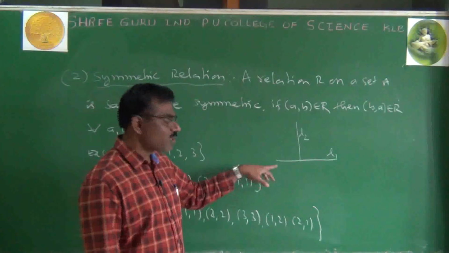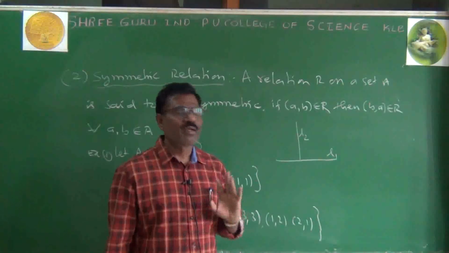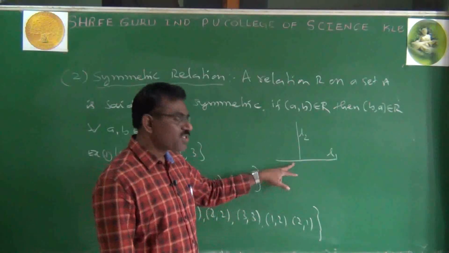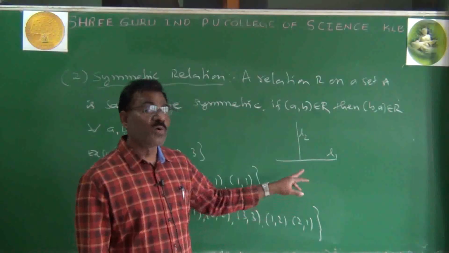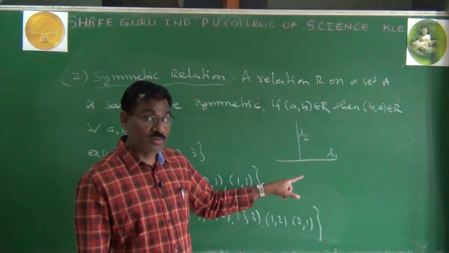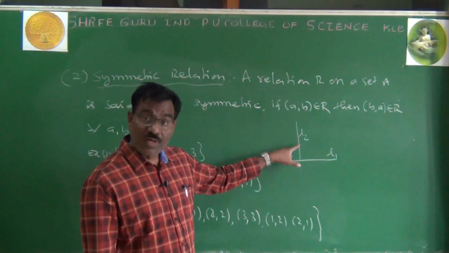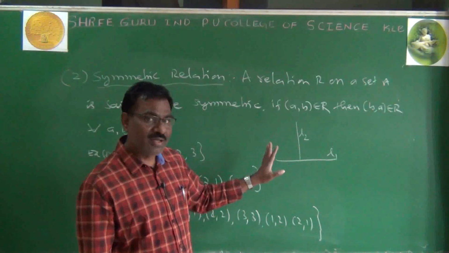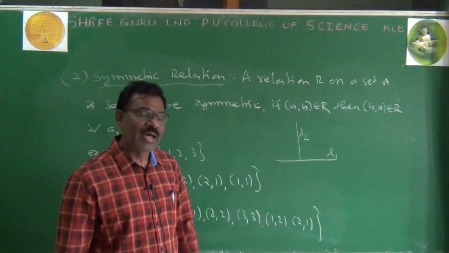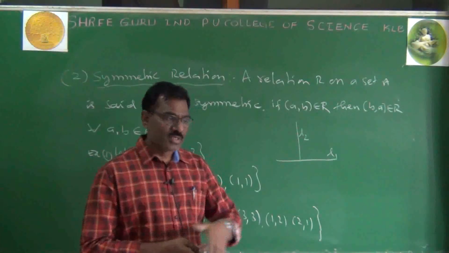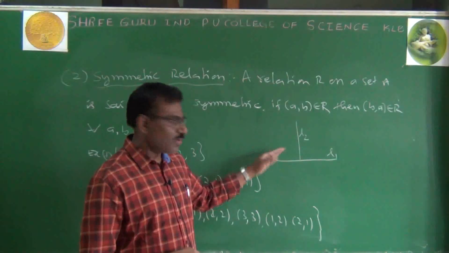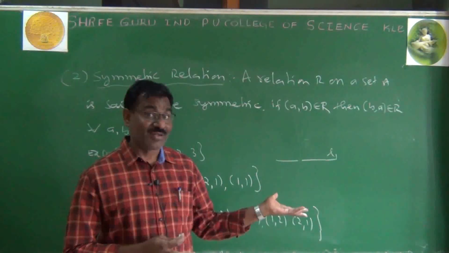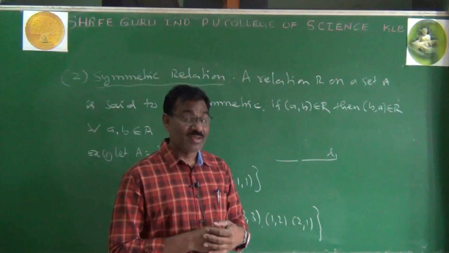My question is, is it reflexive? No, because a line itself is not perpendicular to itself. A line itself is parallel. So this is only symmetric, not reflexive. Be careful. L1 is perpendicular to L2, and L2 is perpendicular to L1. Is it parallel? No. Parallel means a straight line, not 90 degrees.